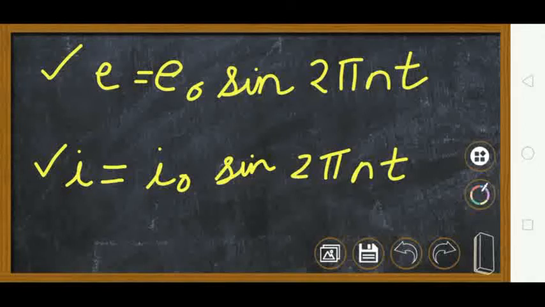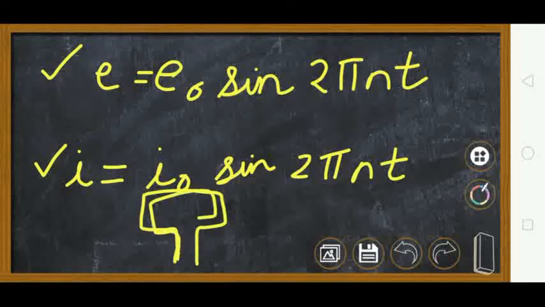You can increase the maximum value of the EMF by increasing the number of turns in the coil. Like we have taken one rectangular coil like this, A, B, C, D. So keep repeating this, we take more and more turns like this, so it will become maximum.